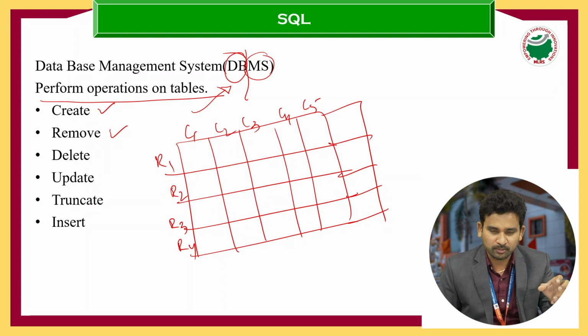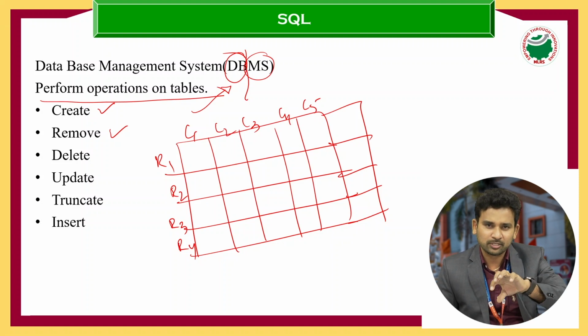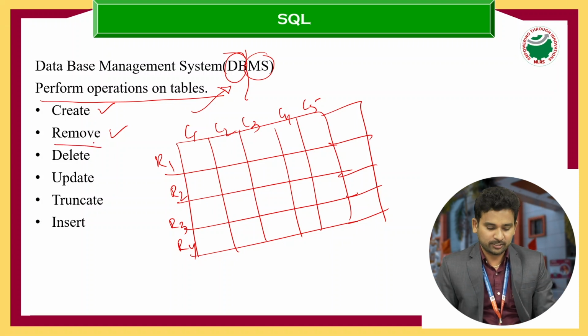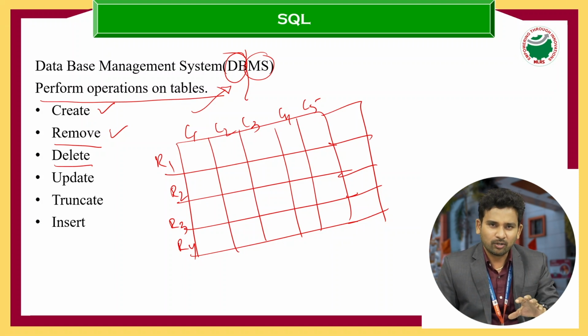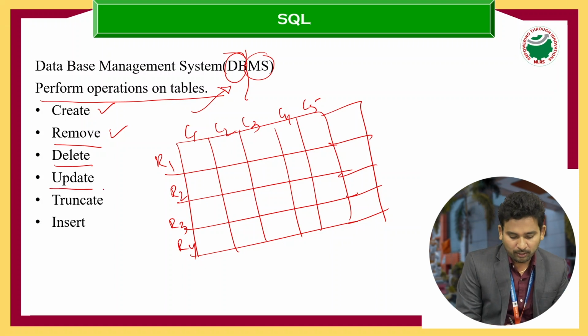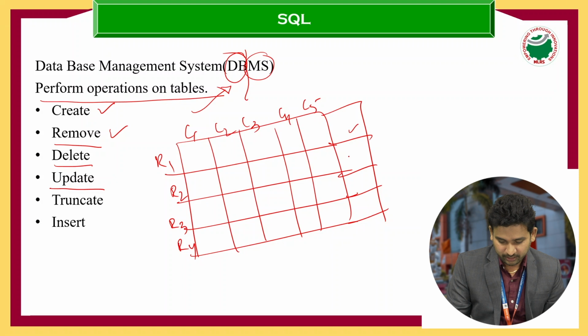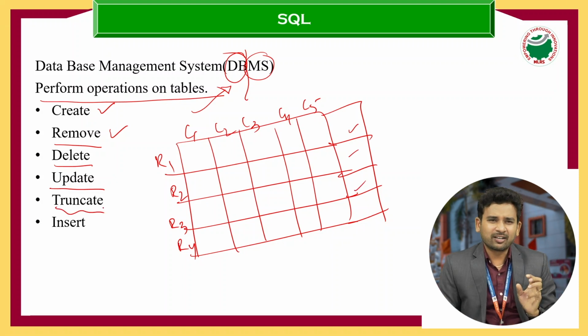If you want to remove some existing data from this database or table, you use the remove operation, for example delete, to delete certain data or columns. Then update: if you want to update certain data in this table, that is also possible. Truncate is also a kind of delete.